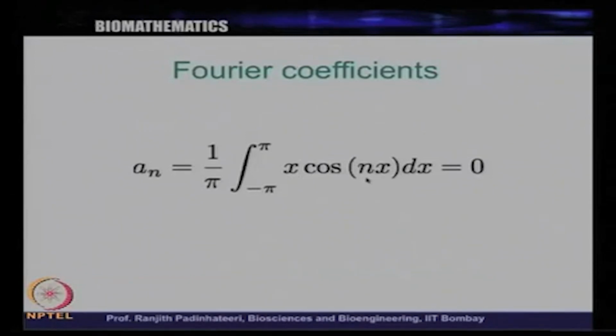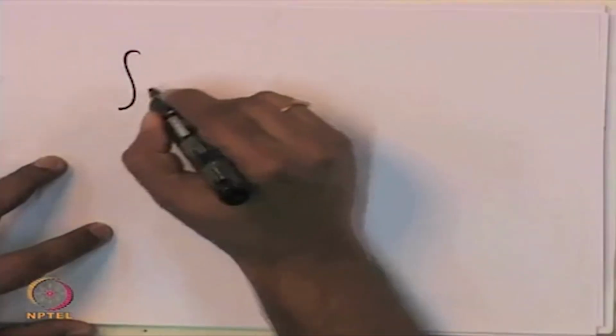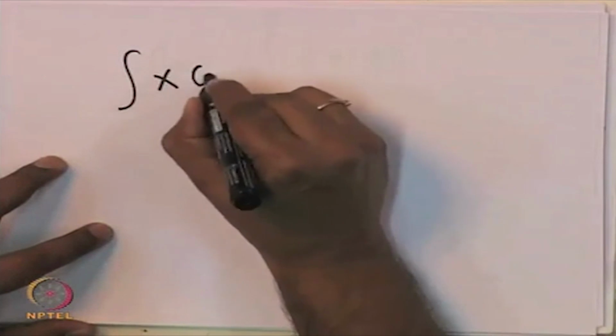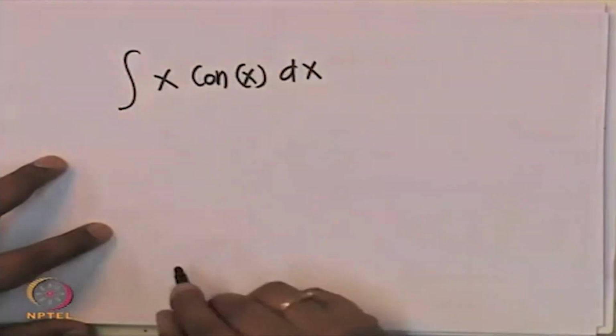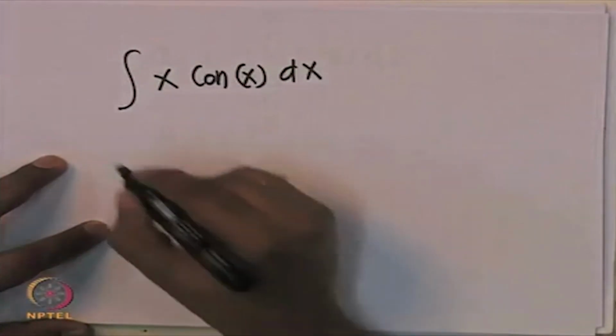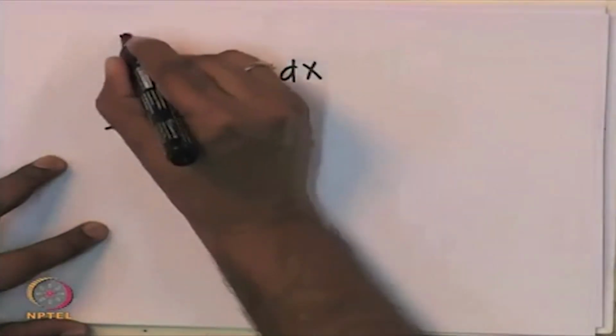So, what do we want to calculate? We want to calculate the integral of x cos n x dx from minus pi to plus pi.